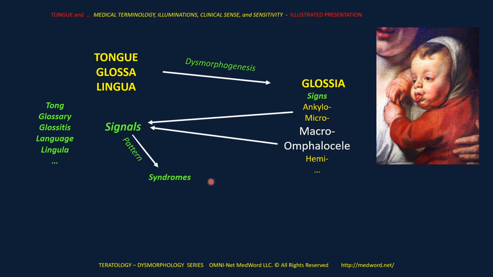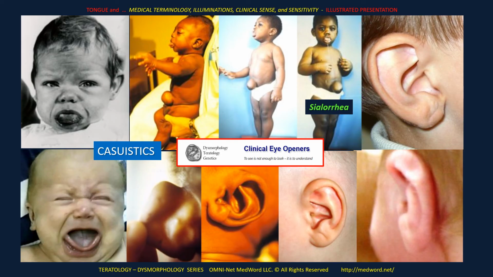Because this clinician considers that the rarity of this combination of signs warrants a review, and he doesn't know immediately what this may be, he goes and reviews the medical knowledge, the casuistics, the books, or whatever other encyclopedias he may have access to. As a wise clinician, he searches what's known about it, what was the experience of other clinicians, and lands on our website, Clinical Eye Openers, enters macroglossia, and what he finds is a panel of illustrations shown here.